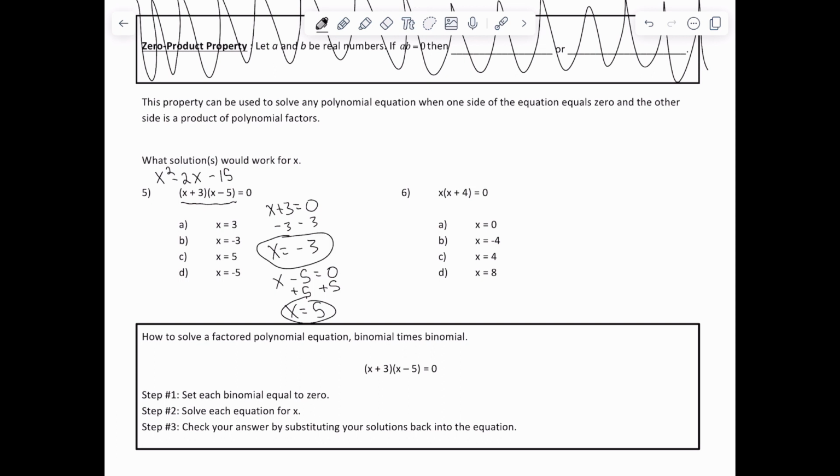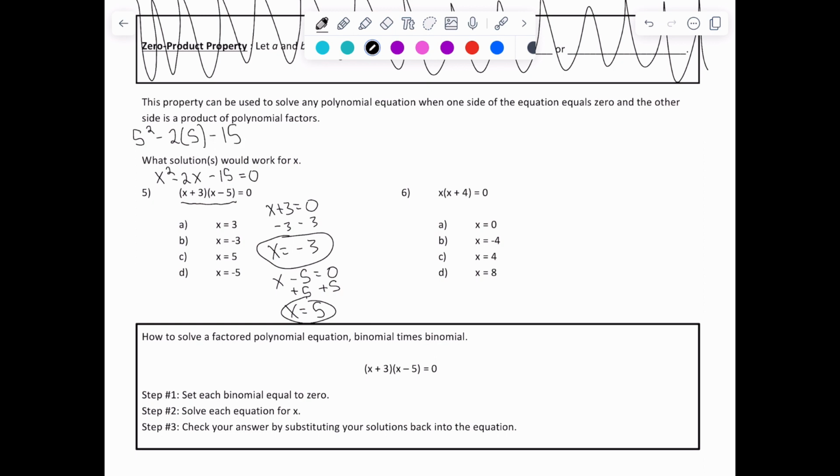If I were to plug any of these in, my equation would equal 0. Let's just try that real quick. I'm going to go rather quickly on this. You don't need to write this down. I'm just going to do this to show you that it's a thing. Let's do it with 5, because there are no negatives and it'll be a little quicker. So we have 5 squared minus 2 times 5 minus 15.